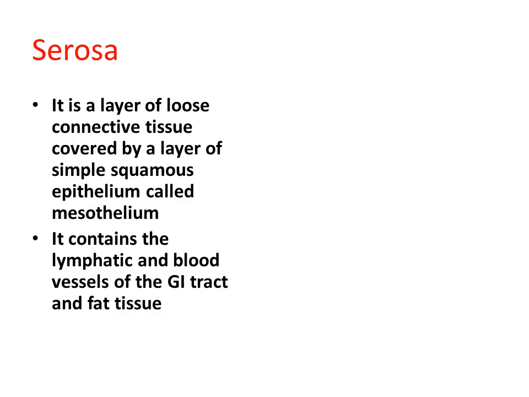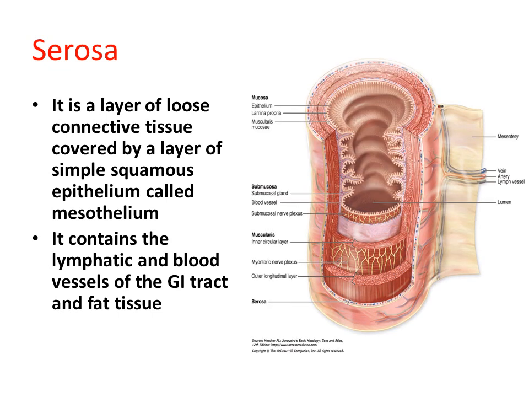Serosa is a layer of loose connective tissue covered by a layer of simple squamous epithelium called mesothelium, and contains lymph and blood vessels of the GI tract and fat tissue. As we said, there's a difference between serosa and adventitia. Serosa is the outer layer covering the GI organ or whole organ inside the GI cavity, and adventitia is the outermost layer covering organs like the esophagus or trachea outside the GI cavity.